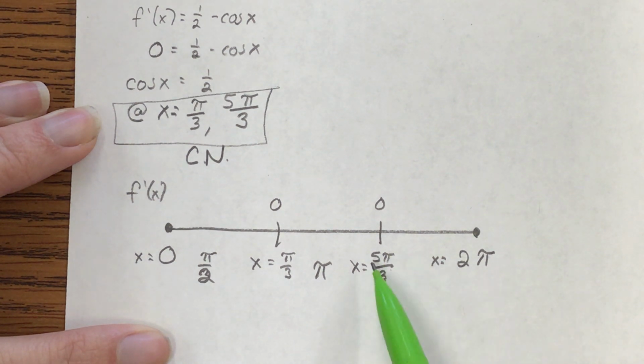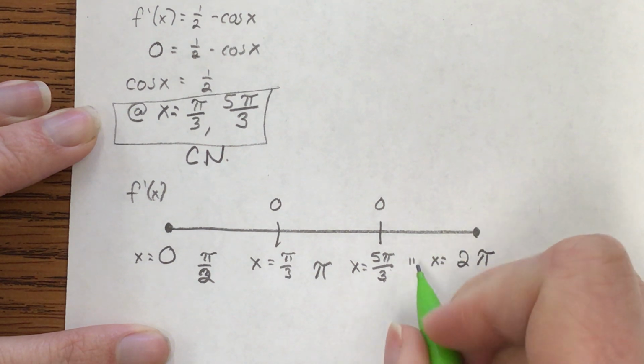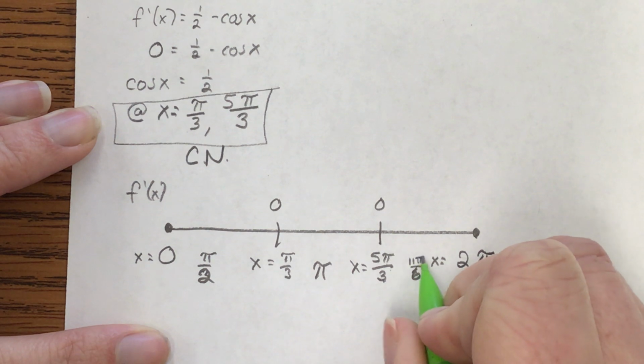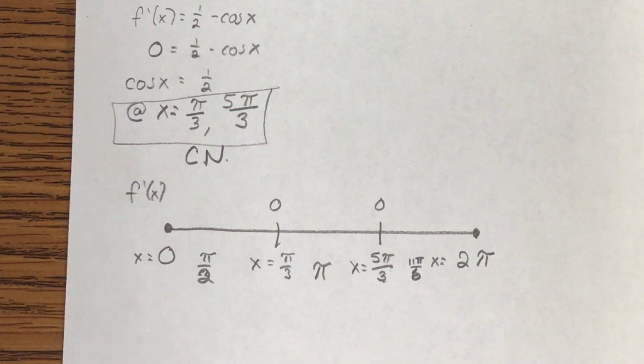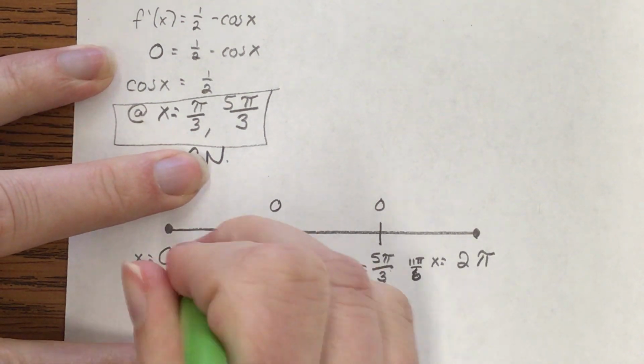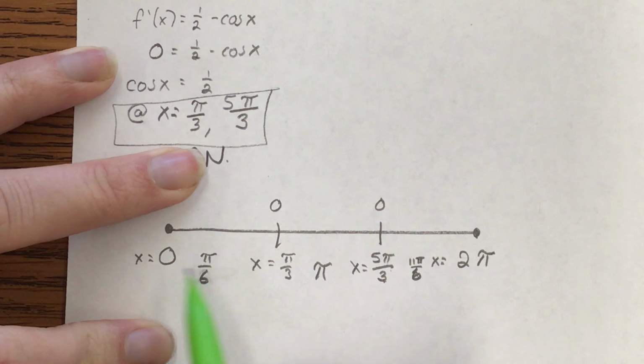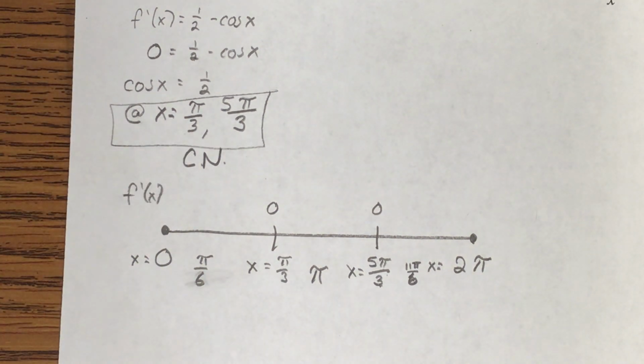Again, use your unit circle to find what's in between these. Hang on a second. I think I said pi over 6 and then wrote a 2. Pi over 2 is definitely not between 0 and pi over 3. So fix that.